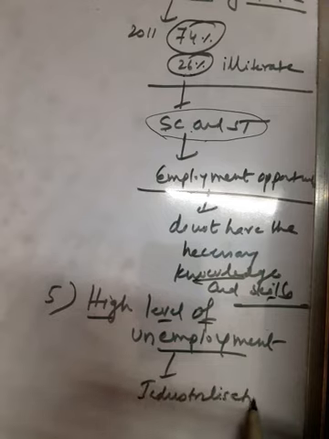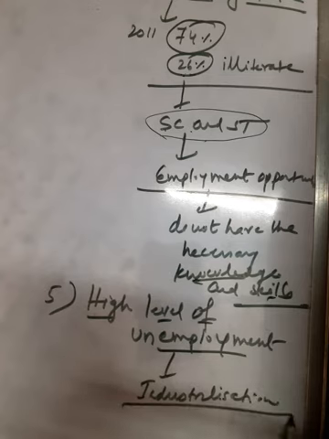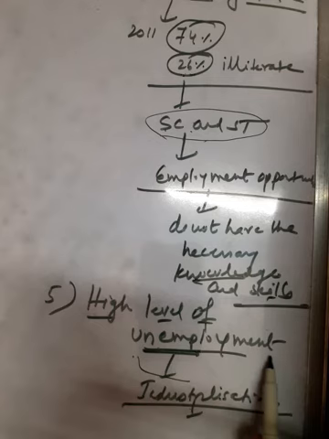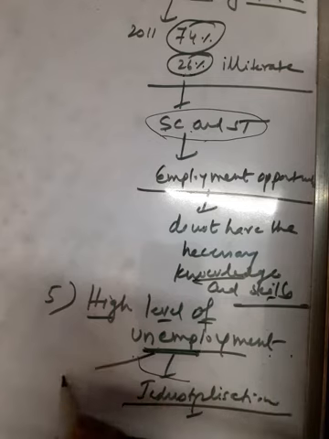Industrialization has not been able to absorb all these people. Most of the urban poor are either unemployed or temporarily employed as casual workers, meaning they earn daily wages.